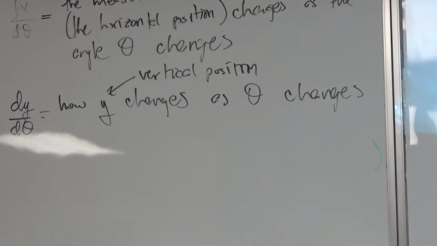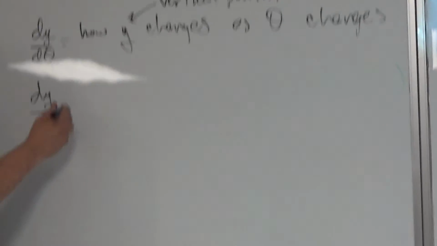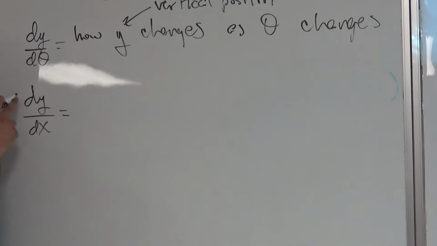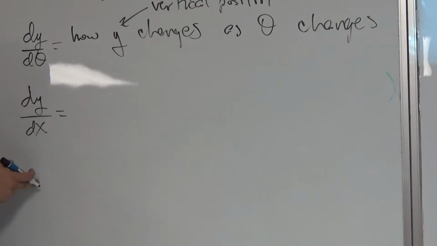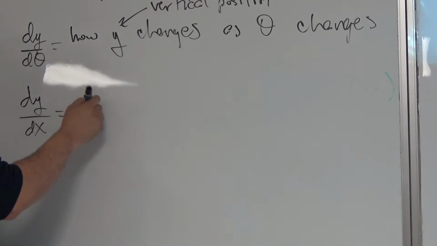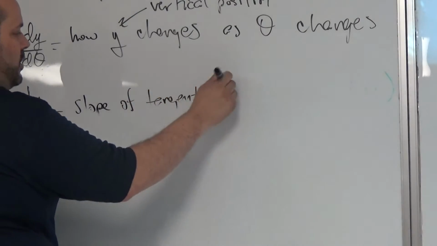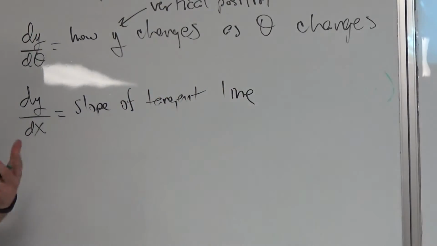That's 2 of the derivatives that we've just talked about. What else? We've got dy over dx. What is that for? Change in y over change in x. Really this is the slope of your tangent line. This is the thing that we've worked with forever, and we're just bringing it forward into the world of polar.